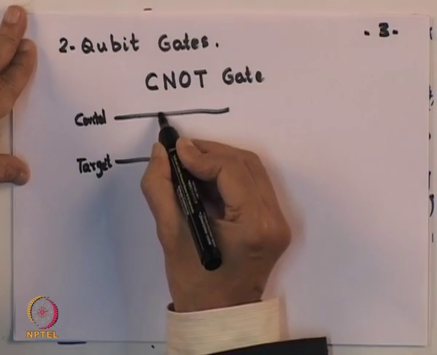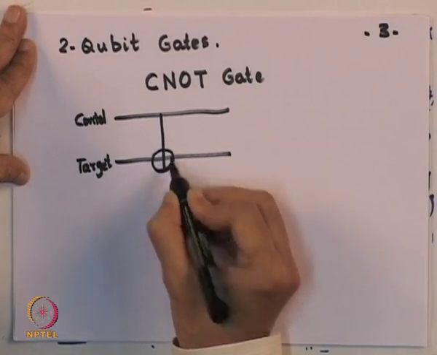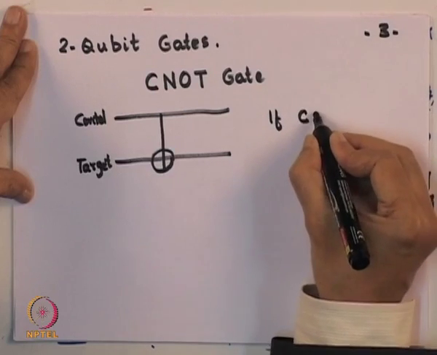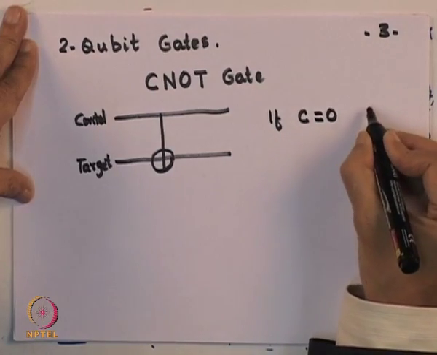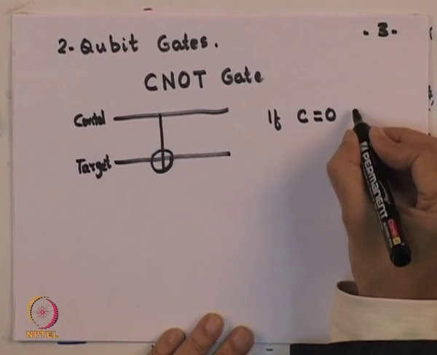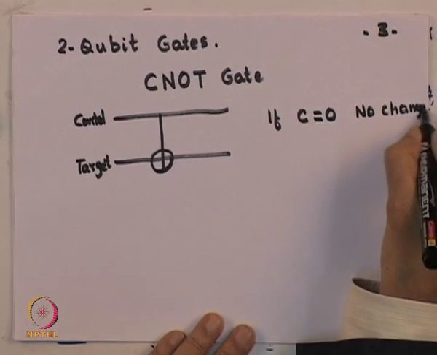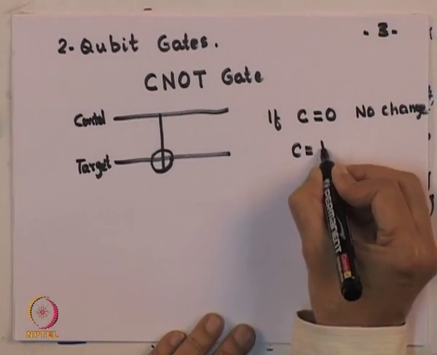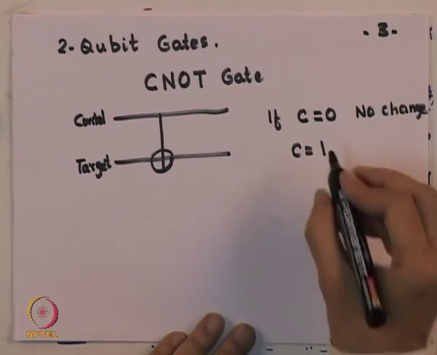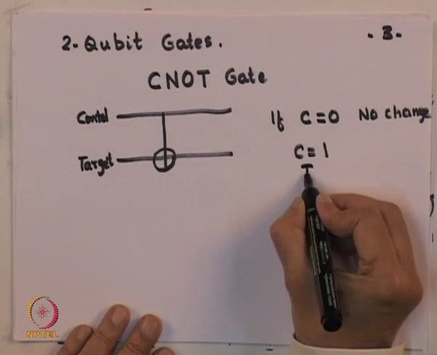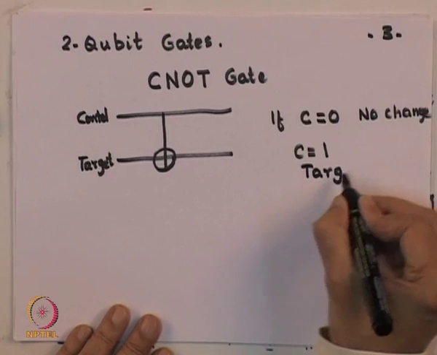So its representation in a circuit is like this. If control is equal to 0, target remains the same, no change. If control is equal to 1, the target bit is flipped, that is 0 becomes 1 and 1 becomes 0. So if C is equal to 1, target is flipped.